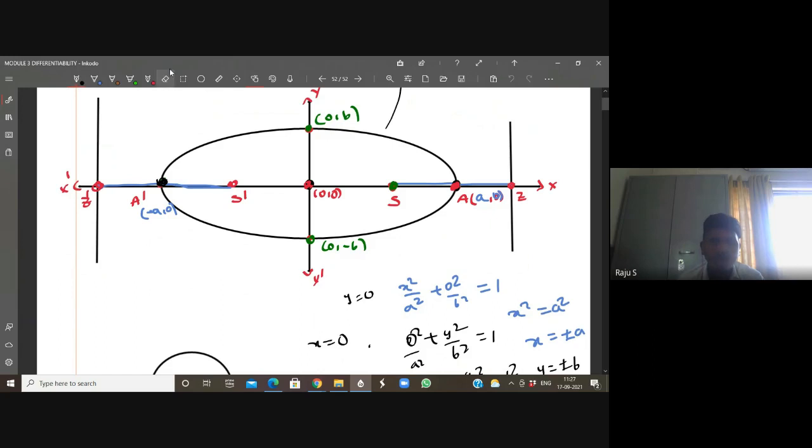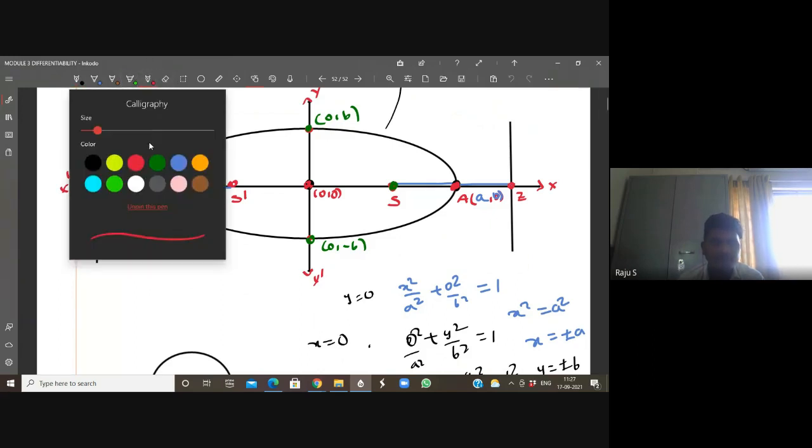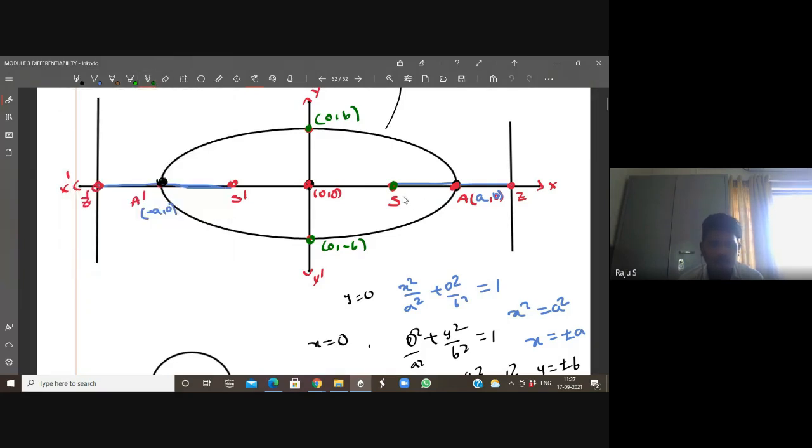Why we should discuss eccentricity here: the point S can be written as (AE, 0). S dash is (minus AE, 0). Here A is already written.